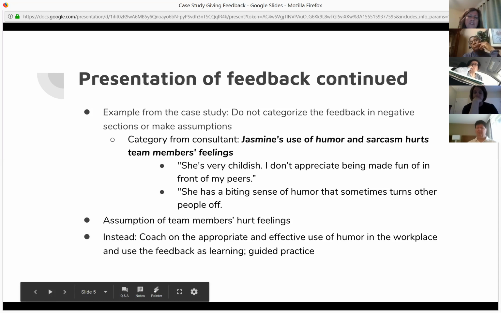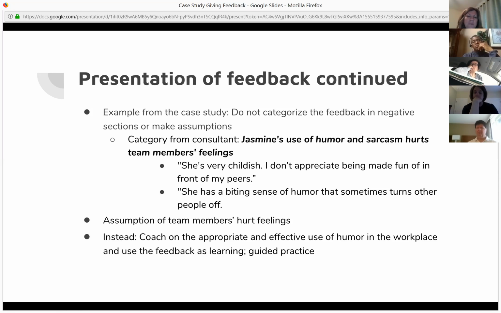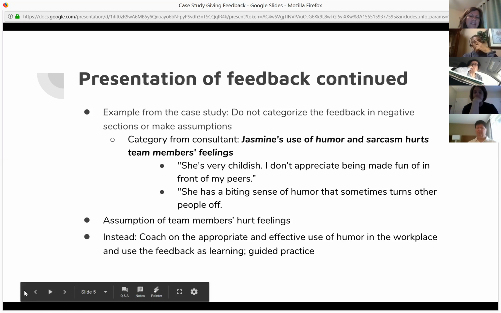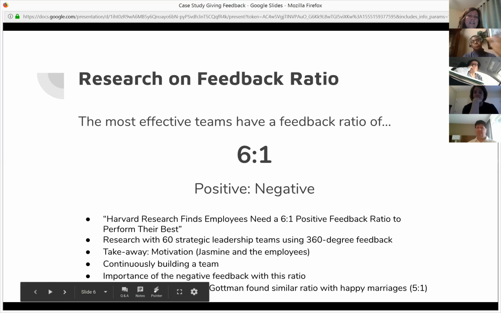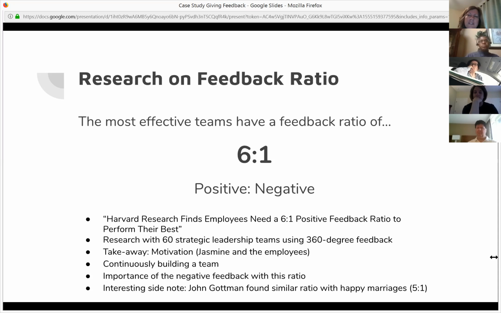We need to coach on the appropriate and effective use of humor in the workplace and use the feedback as learning and guided practice. I thought this was interesting, looking through some of the articles and research as we were doing this, that there was a study done by Harvard. It was Harvard research.